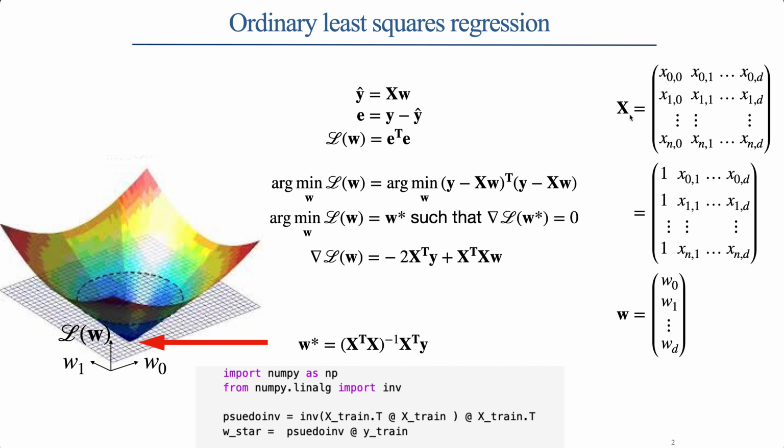Well, that matrix X has rows that represent data points. So if we have n data points, actually n plus 1 because of the way I've zero indexed this, but if we have a bunch of data points, each row is a data point. This is our design matrix.